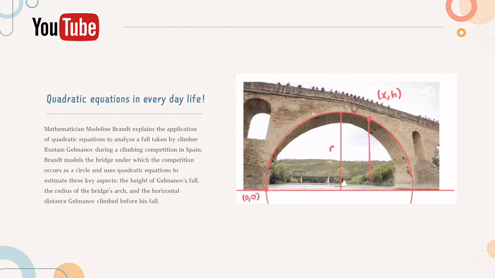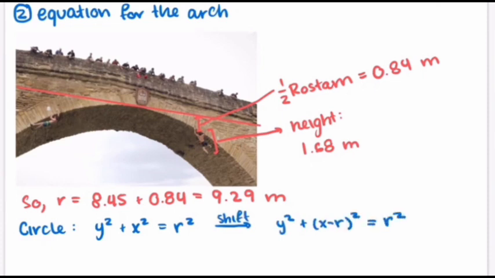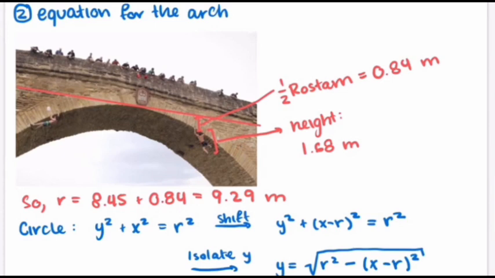In this video, a mathematician explains the application of the quadratic equation to analyze a fall taken by a climber. During a climbing competition in Spain, the scientists modeled the bridge under which the competition occurs as a circle and used the quadratic equation to estimate 3 key aspects: the height of the fall, the radius of the bridge arc, and the horizontal distance the climber climbed before his fall.